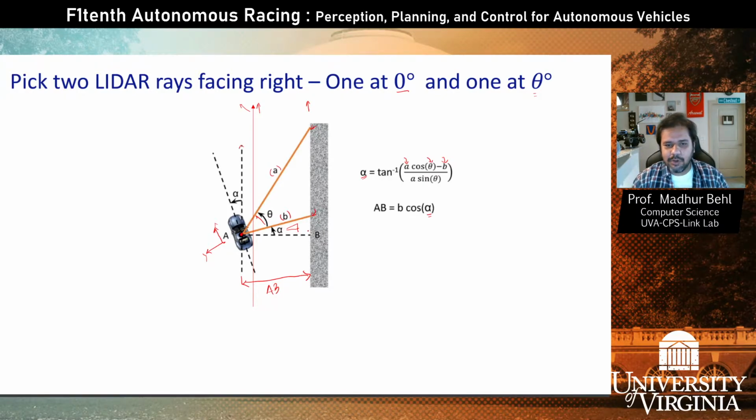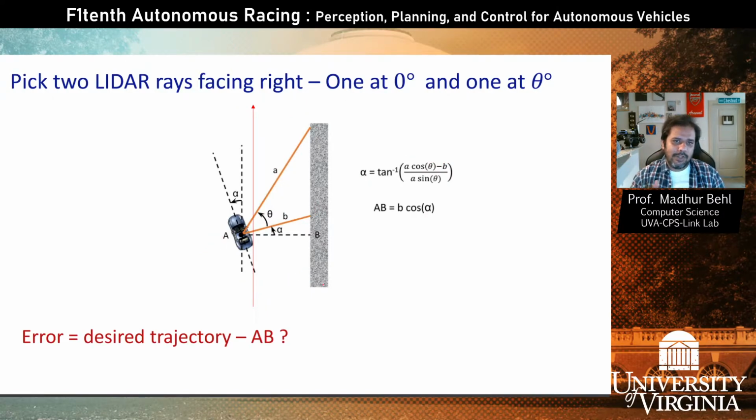Okay, so why do we need to know AB? Because our goal is to keep our car at a distance capital D from the wall. So we need to know at any time how far apart laterally we are from the wall on the right-hand side, and AB is the measurement of that. If you know AB, then one can say that the error between your desired trajectory, which is the distance capital D from the wall, and your current trajectory, which is AB distance from the wall, is given by this expression.